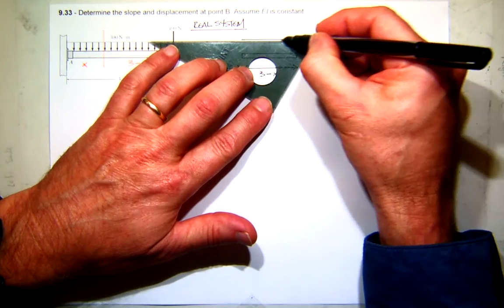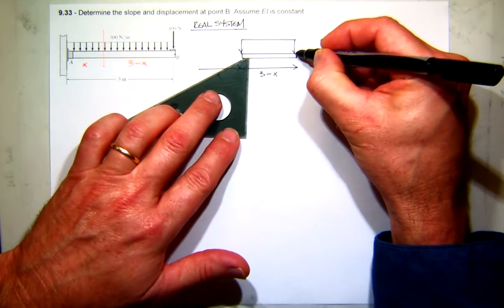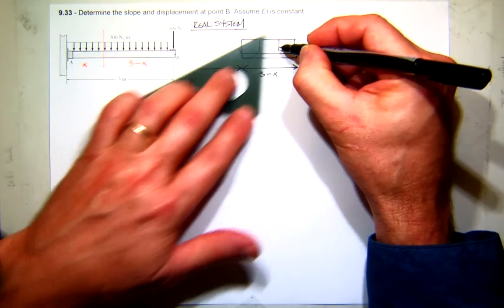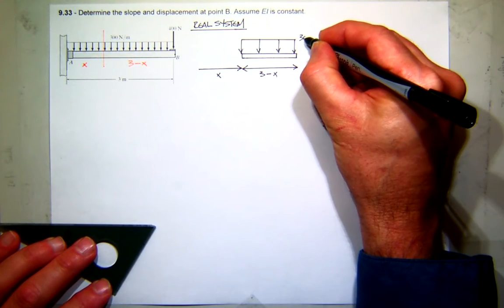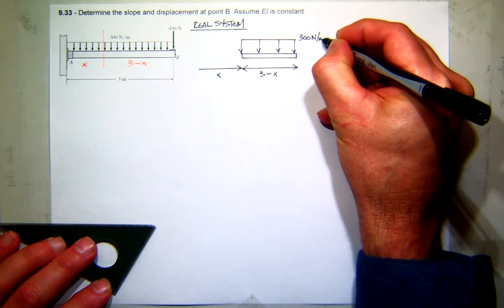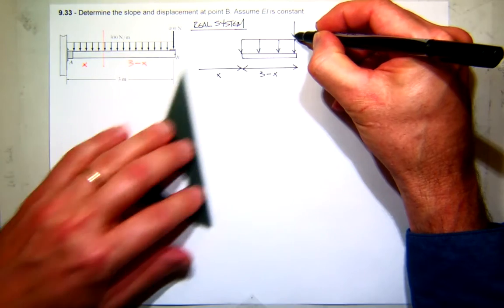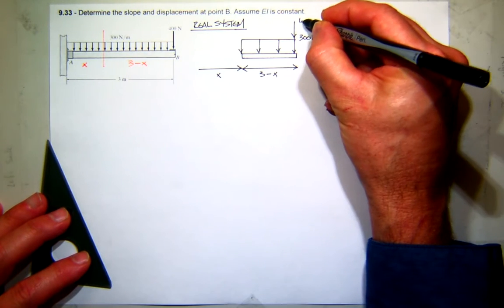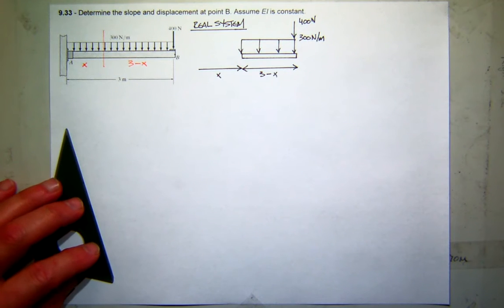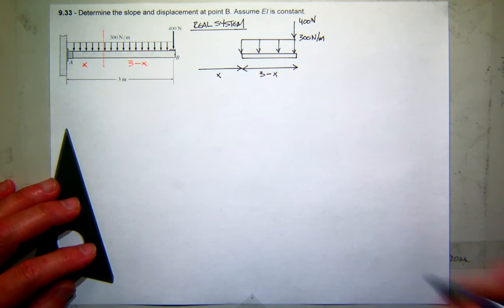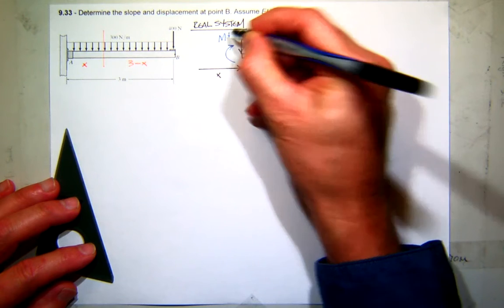I've got a distributed load up there. The magnitude of that load is 300 newtons per meter. And at the very, very end, there's a concentrated force of 400 newtons. And then internally, I'm looking for the bending moment. And that'll be the real bending moment.